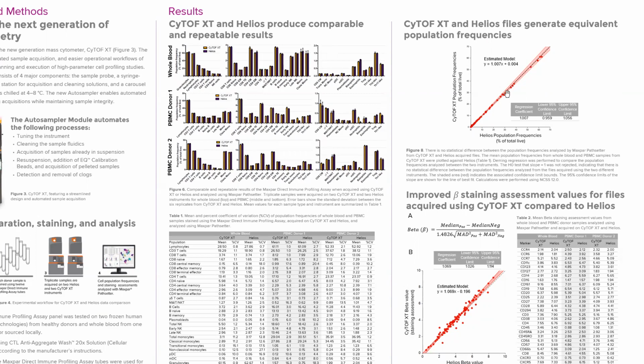While there was no difference in population frequency detected between both CyTOF XT and Helios, we found that our new CyTOF XT instrument actually improved staining assessment value, indicating that CyTOF XT actually generates improved staining resolution.